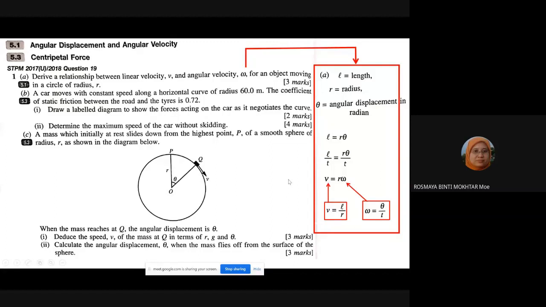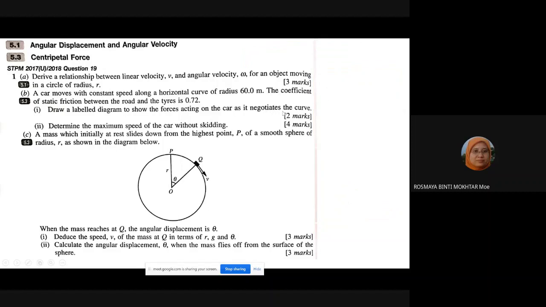Any question on 1A? No? Okay, so for 1B. A car moves with constant speed along a horizontal curve of radius 60.0 meter. The coefficient of static friction between the road and the tires is 0.72. Draw a labelled diagram to show the forces acting on the car as it negotiates the curve.